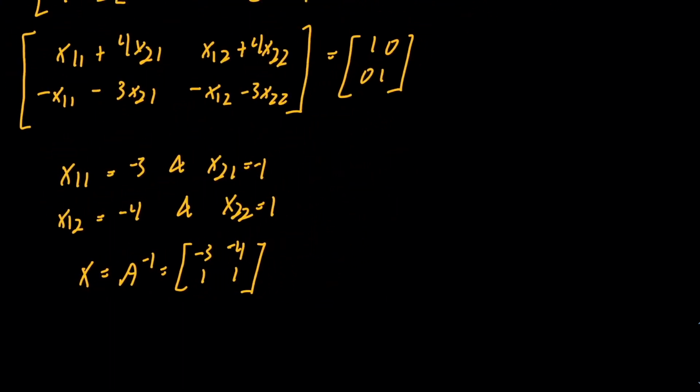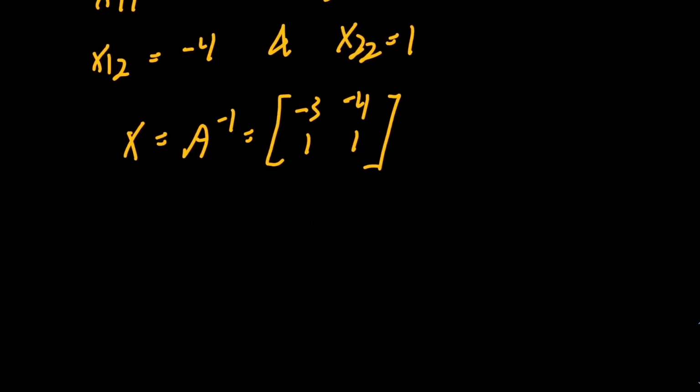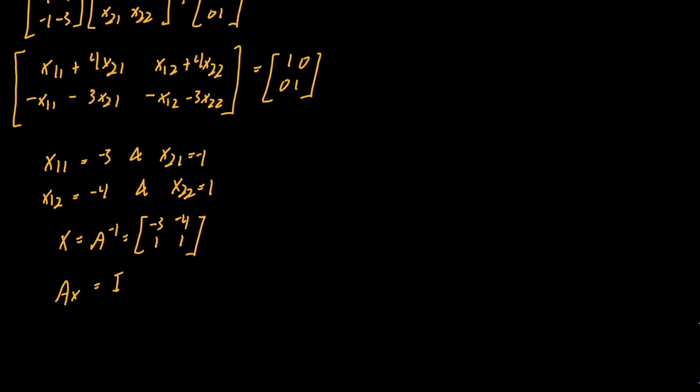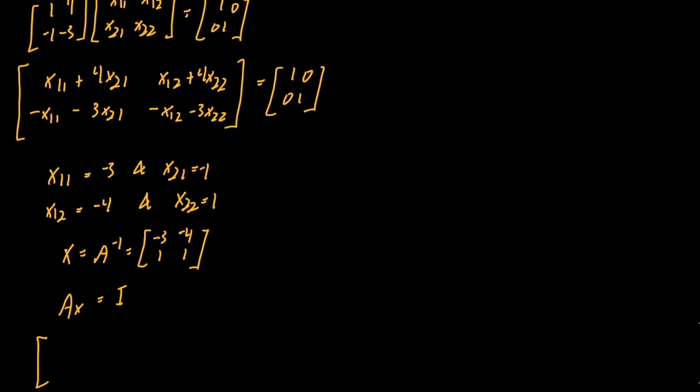And by doing so, we refer back to this equation, AX equal to I, and we have the matrix 1, negative 1, 4, negative 3 times our new X variable, and we can check from there.